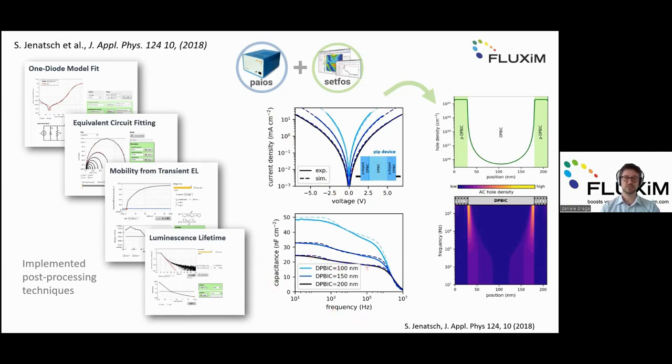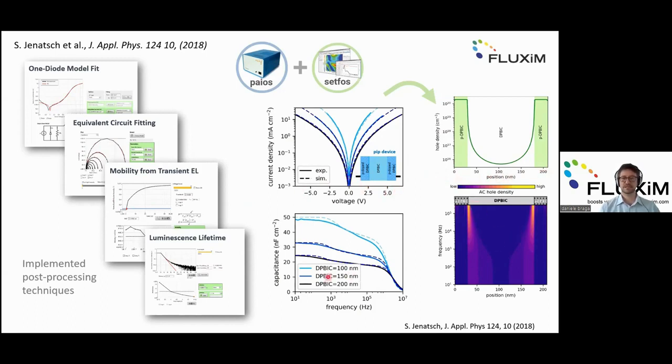We would like to understand what is going on in this device. So we perform a SetFos simulation. Now we know that in the steady state, the hole density is distributed in this way versus the position in the device, from 0 at the electrode to 100 at the other electrode.